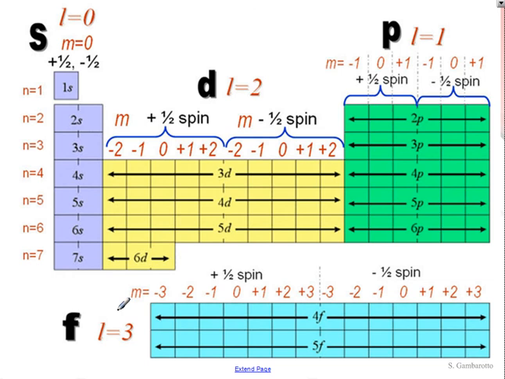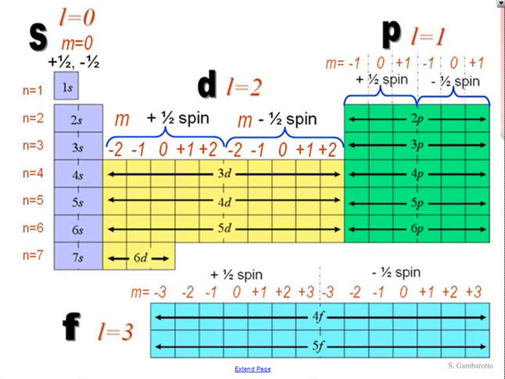Lastly is the f, which I'm going to show you, but again, I don't expect you to be able to draw that or play with that, and we're not going to focus on it too much in this course. Again, you have a half spin and a negative half spin. So you've got your 7 orbitals here that each have an electron going, say, clockwise, and in those same 7 orbitals, you've got electrons going in the opposite direction.